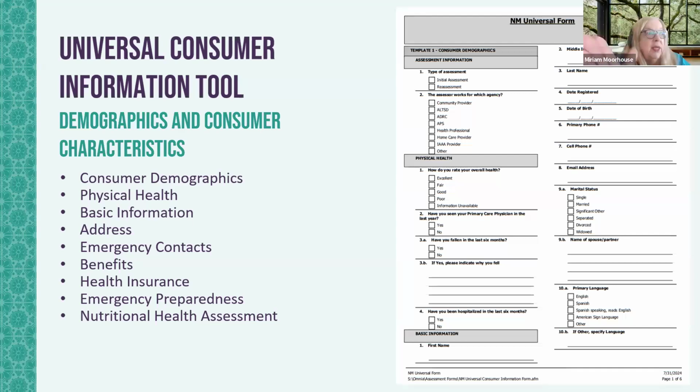And I need to mention again, the way that this was developed was we took what the federal requirements were, or ACL's requirements for us. Then we looked at the state requirements and what was in NMAC. Then we spoke with the AAAs and we went back and forth, and we've been working on this for several years.